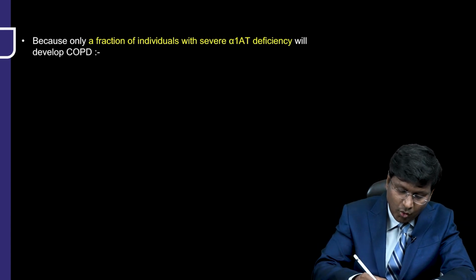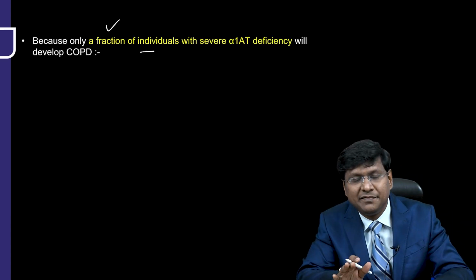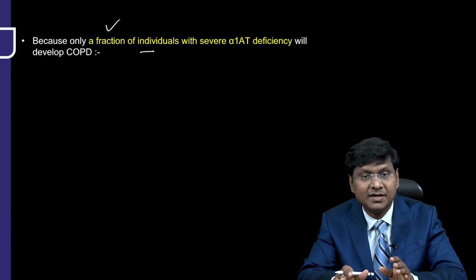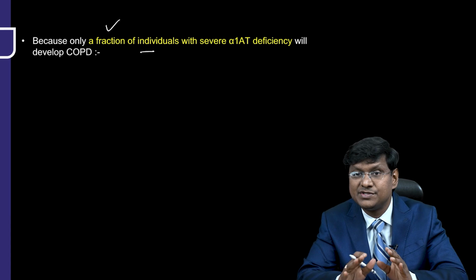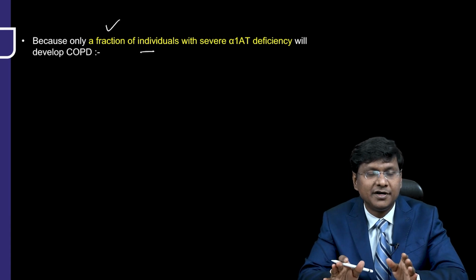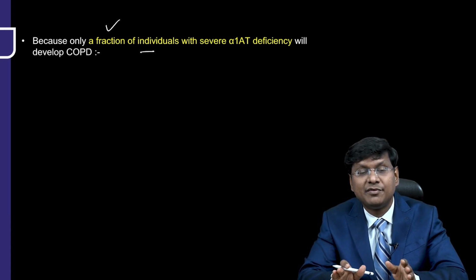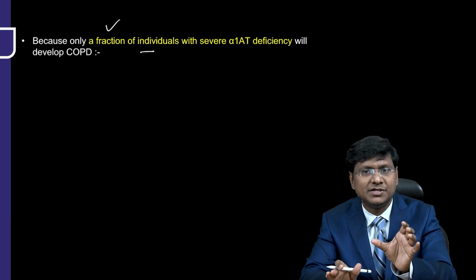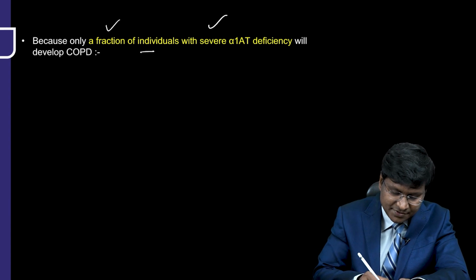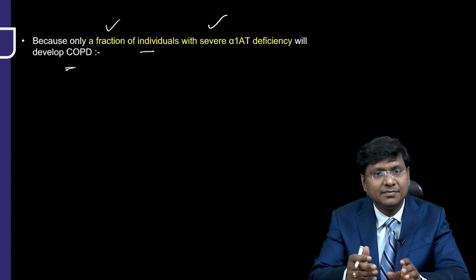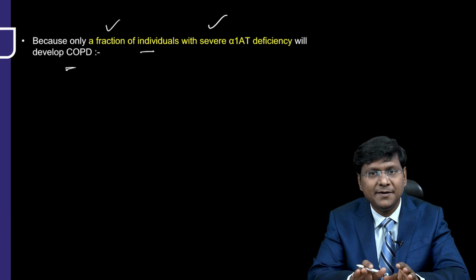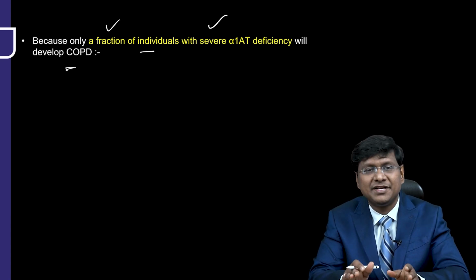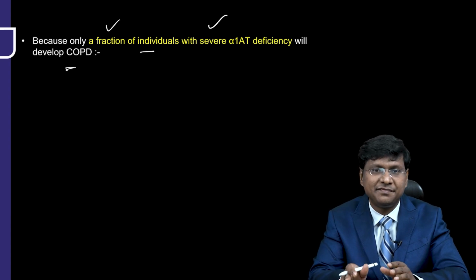Only a fraction of individuals with severe alpha-1 antitrypsin deficiency will develop COPD. That is the reason why augmentation therapy is not recommended for all patients with severe alpha-1 antitrypsin deficiency.